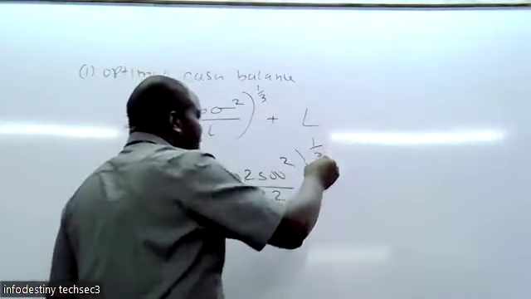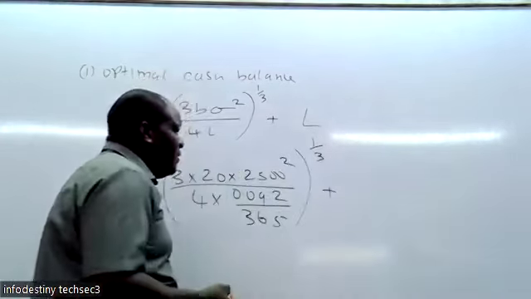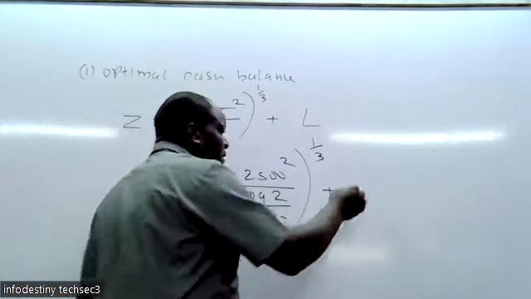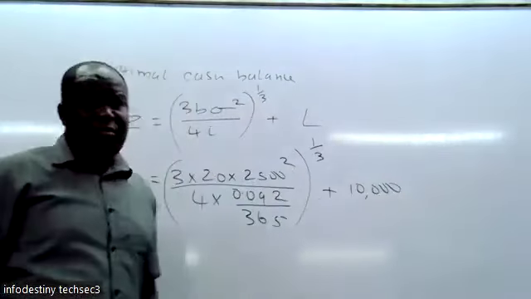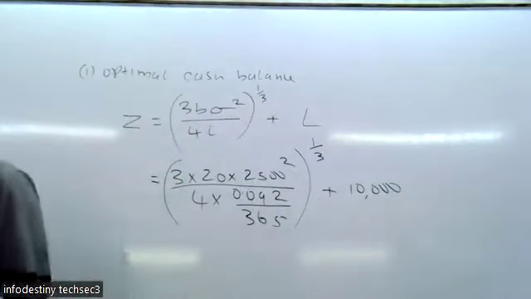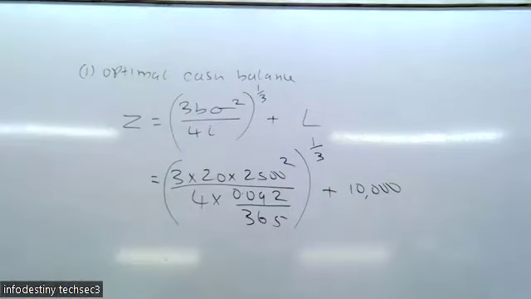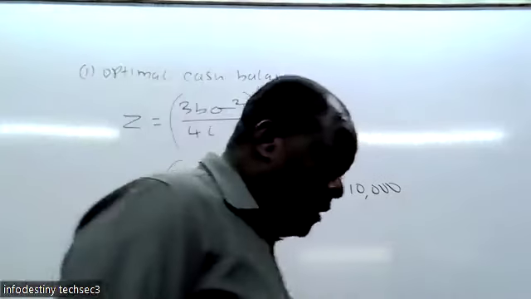You raise the whole to the power of 1 over 3, plus L. L is the minimum cash balance, which is 10,000. So now you compute that portion so that we see what the optimal cash balance is.